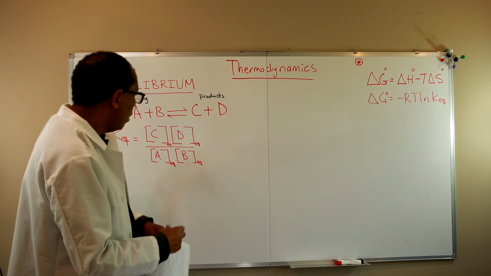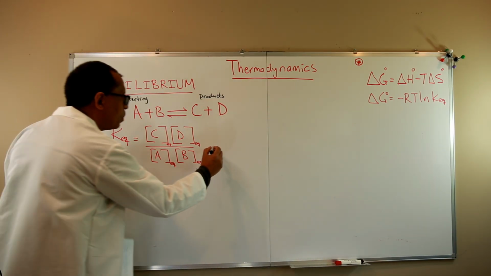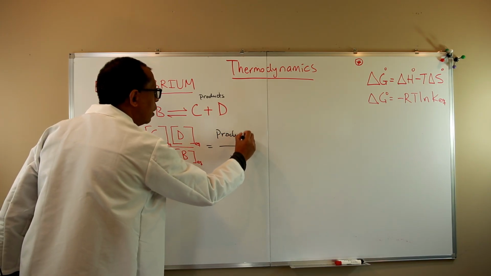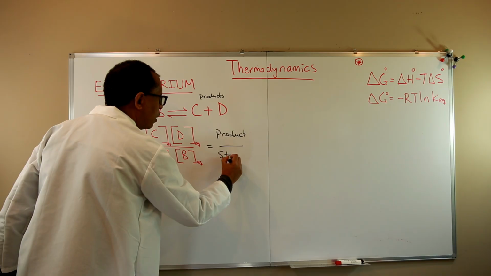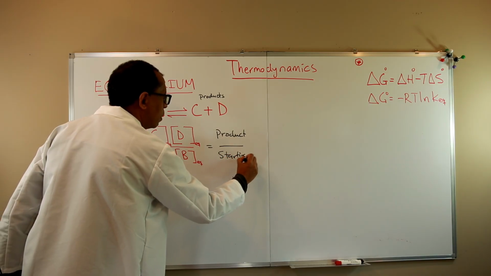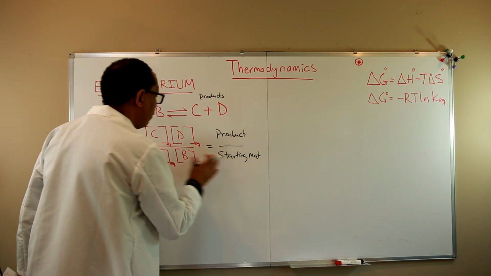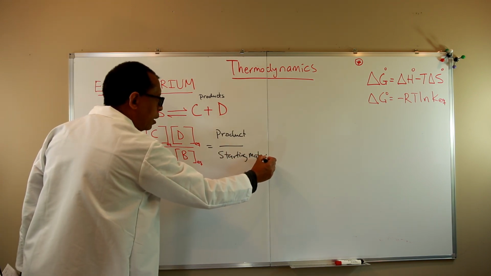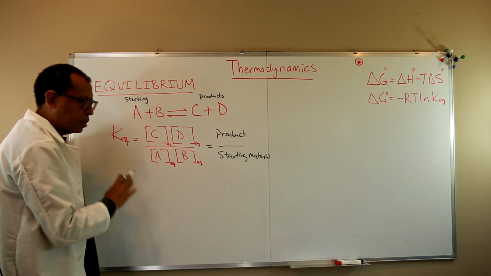That ratio, products over starting material, would give you the equilibrium constant.